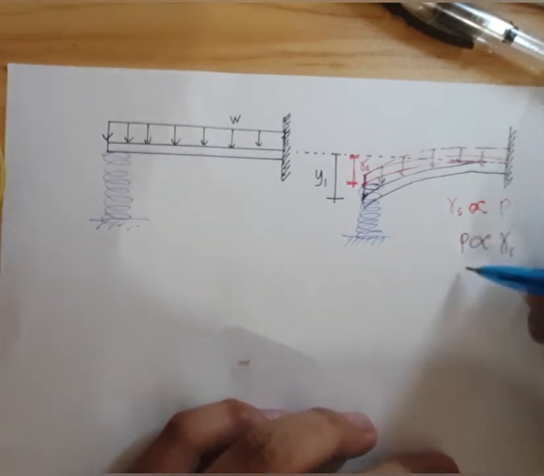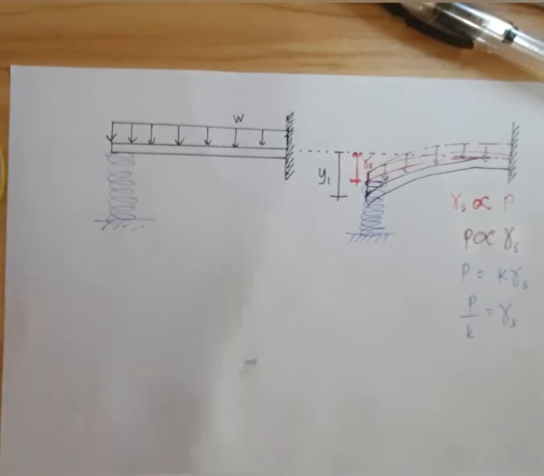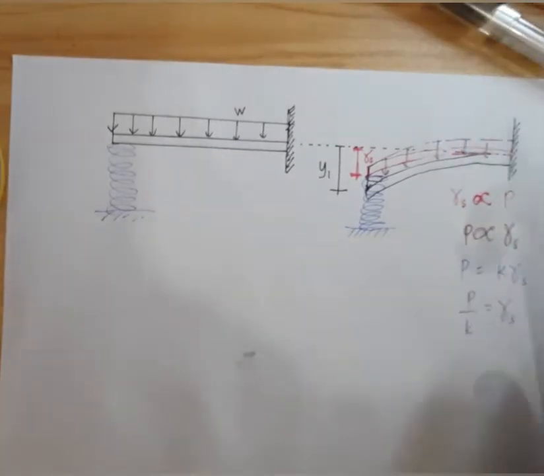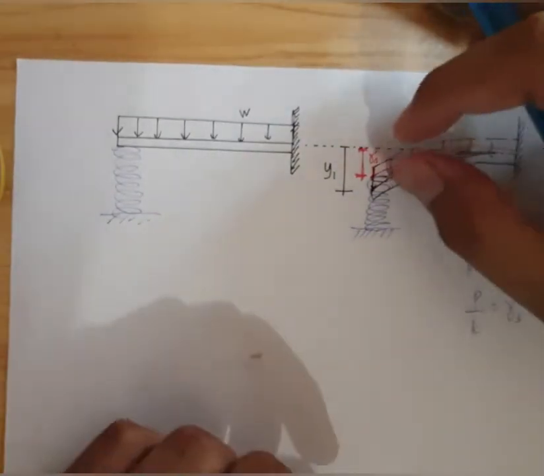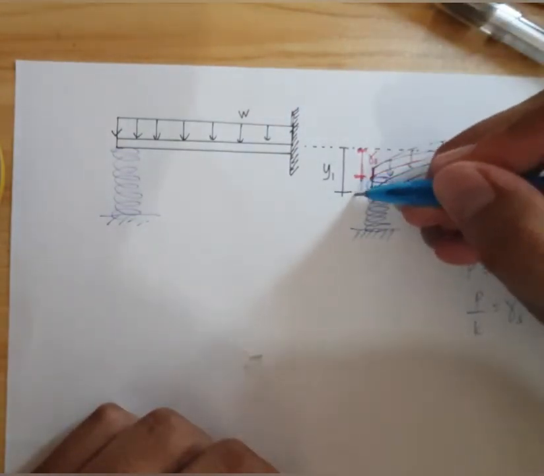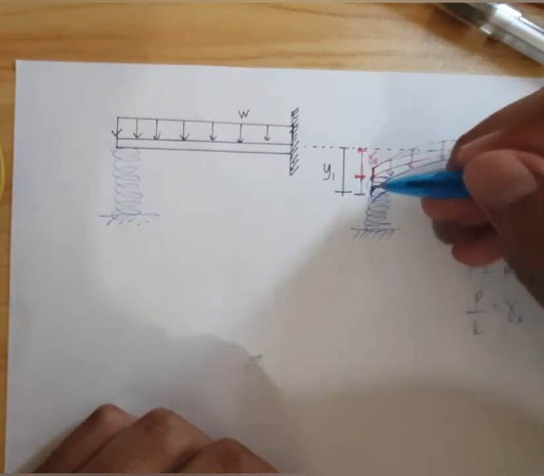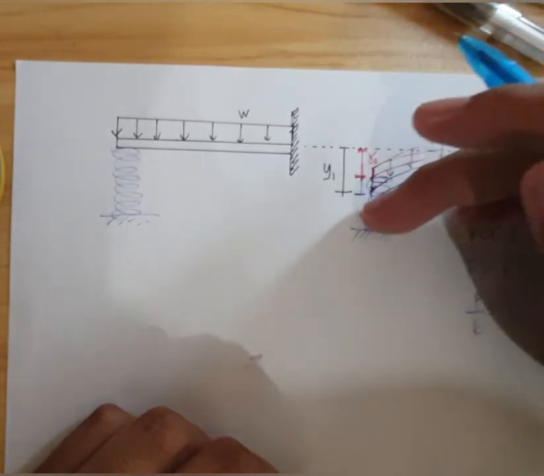So if you remove this one, P is equal to a constant, so the deflection or deformation of the spring is P over K. But what remained is the resistance offered by the spring.